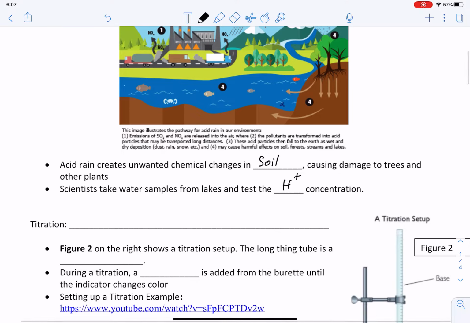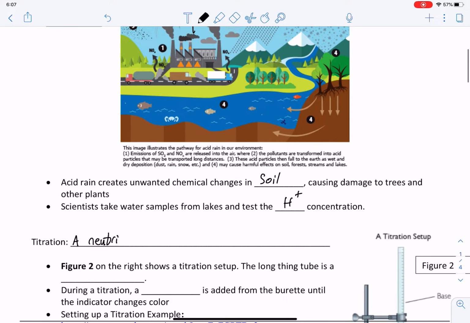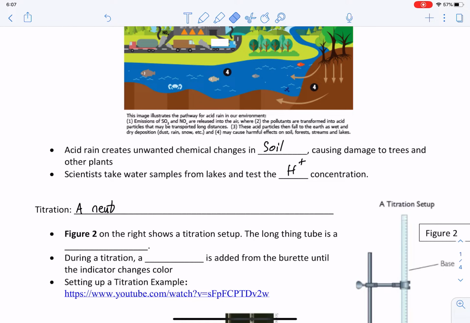So for our basic definition of titration, titration is a neutralization reaction, and it's monitored with an acid-base indicator.